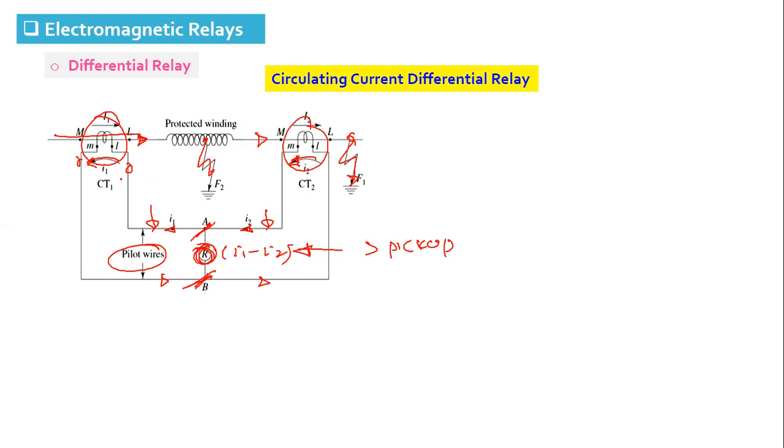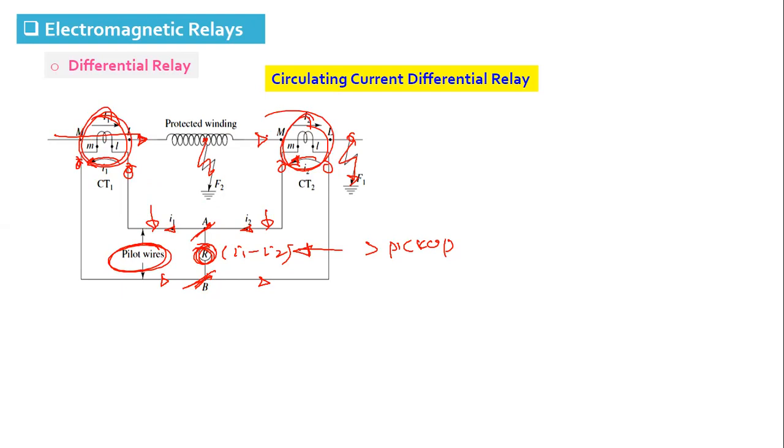So the wires connecting the CT secondary to the relay coil are called the pilot wire. CT polarity must be connected in the correct way, and the CTs should have identical saturation characteristics.